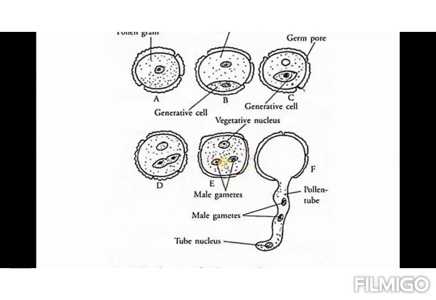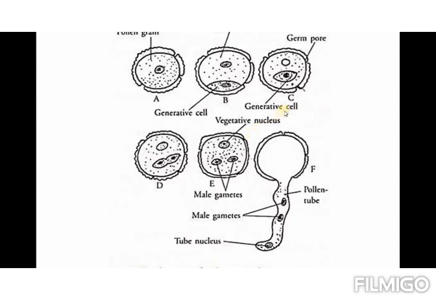Now, after this stage, this microspore, this exine will be like that only, and this intine will burst out. At this condition, this microspore will go towards the stigma of another flower or of the same flower.